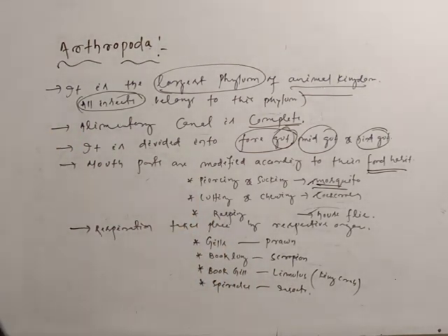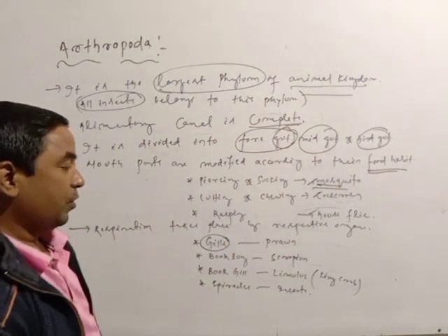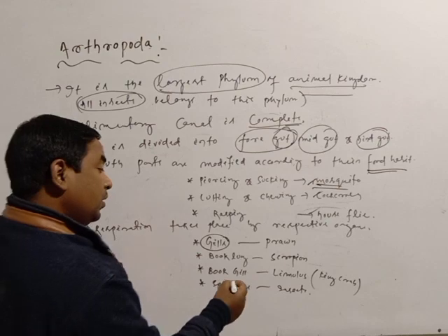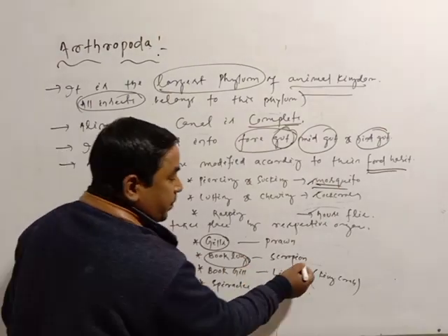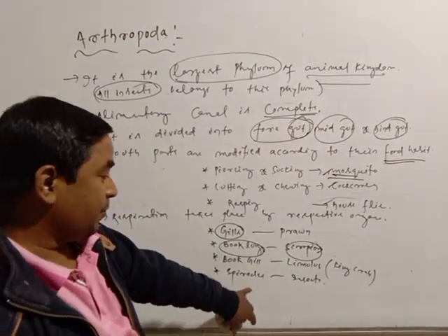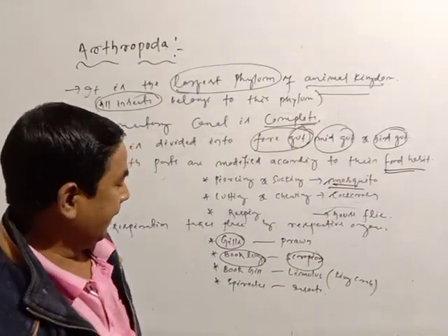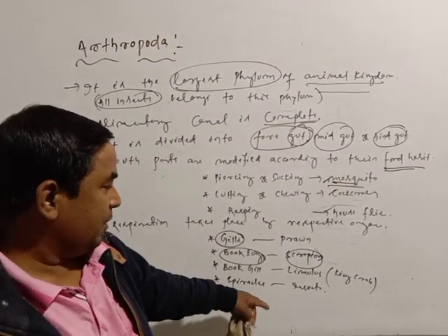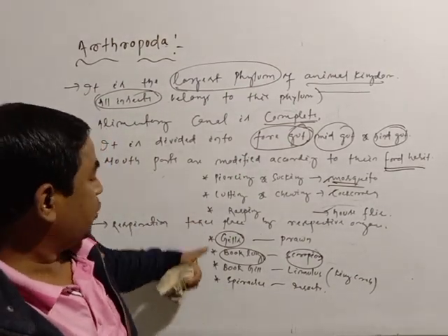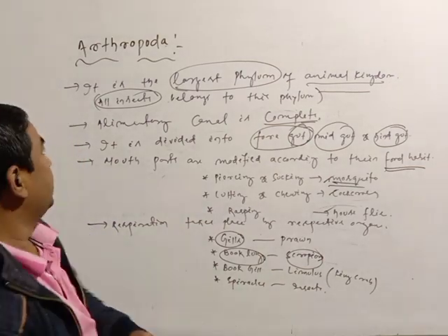Similarly, respiration takes place by respective organs. Gills in prawn, book lung in scorpion, book gill in Limulus or king crab, and spiracles in insects. As we have lungs, similarly arthropods contain different respiratory organs.